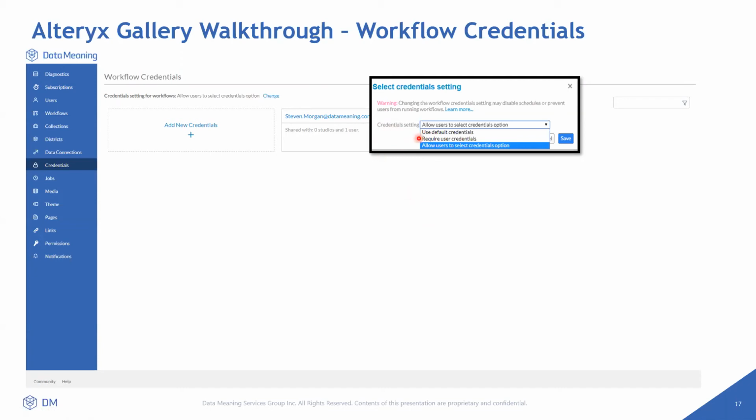You can select require user credentials, which means that it will force the users that run the workflow to use their own credentials to run a workflow. Or you can allow users to select the credentials option. What this gives you is the freedom that when someone develops and builds out a workflow and publishes it, they have the ability to then go in and say, I want whoever runs this workflow to use my permissions and access here.